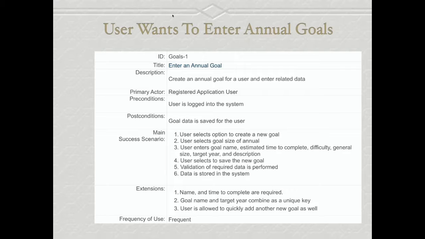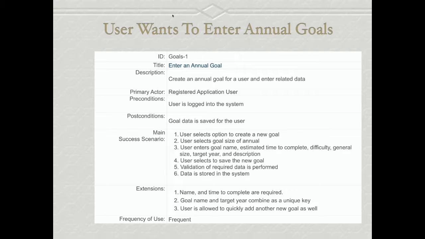If you don't have naming conventions or standards that you follow, then it's going to be confusing to anybody looking at it, because they will make assumptions even if they should not. Like here, goals 1 probably assumes that there's going to be a goals 2. If every ID I have is goals 1, user 1, output 1, it's going to be like, okay, why did I have those ones there in the first place?